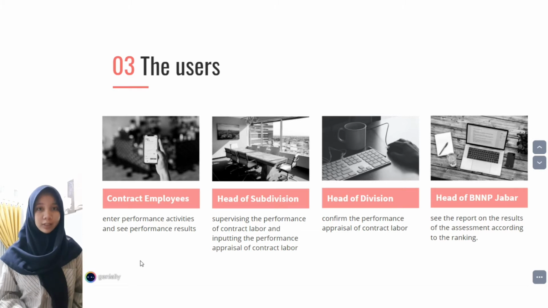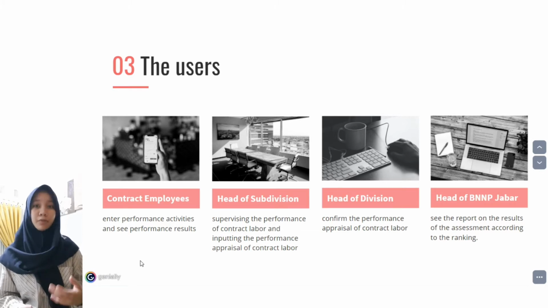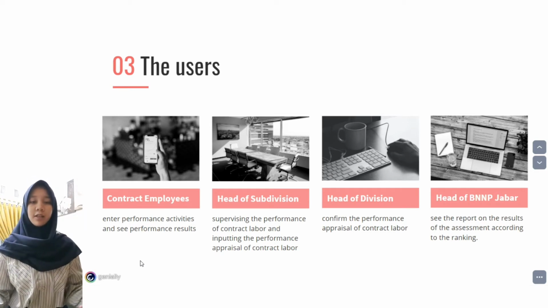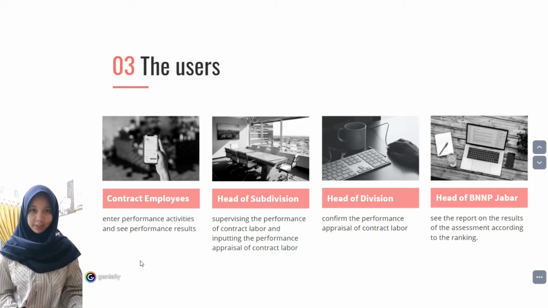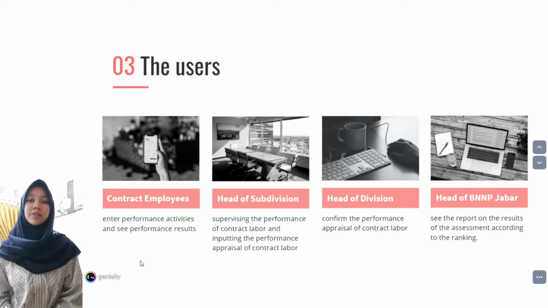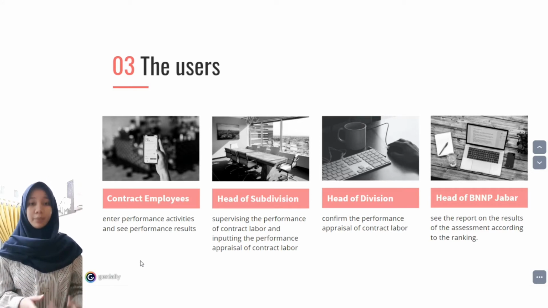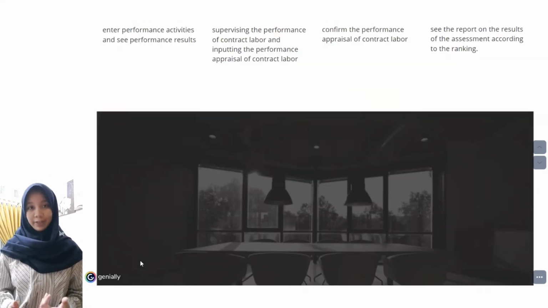Their role is confirming the performance appraisals of the contract employees. And the last is the head of BNN West Java Province. His or her role is seeing the reports on the results of the appraisals according to the ranking.